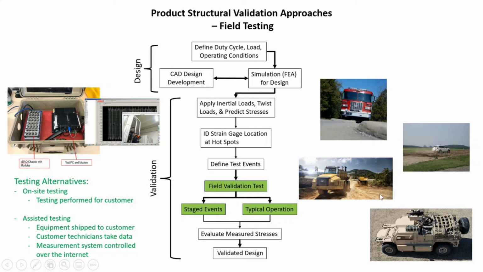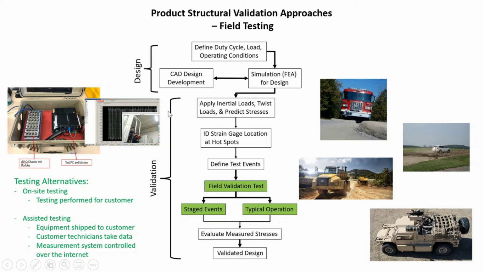So all of this data can be collected together, and there are a couple of options, by the way, in how we can record this data. Sometimes our customers would just like us to take care of the entire process. But sometimes we can do what we call an assisted test. That's where we develop a test package that may have a PC located in the package and a modem to allow us to communicate with the package, shipped to the customer, and the customer takes data on site.